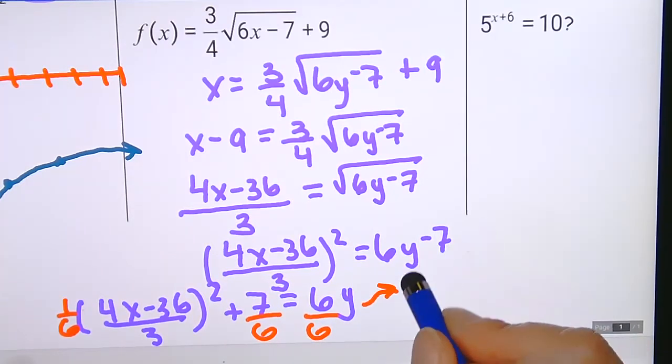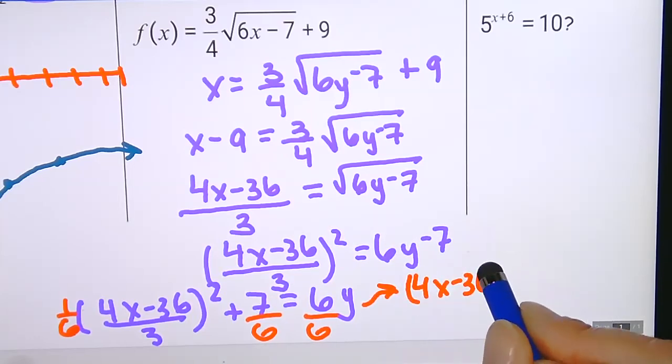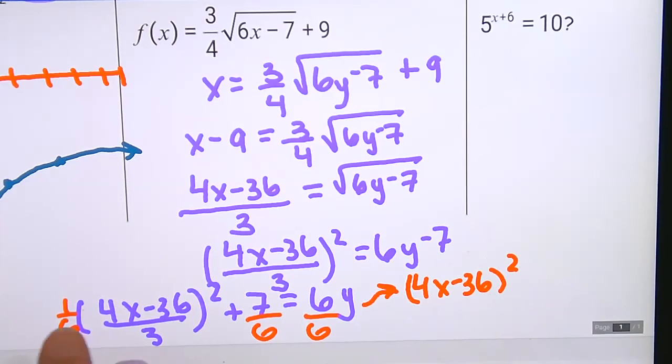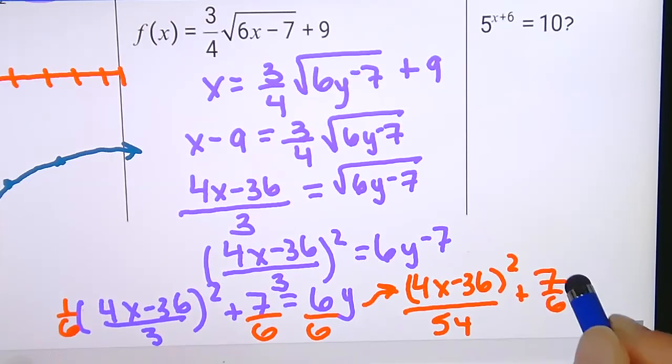So I end up with 4x minus 36, squared, and I'm just going to clean up this bottom. This 3 squared would be a 9, times 6 is going to be 54, plus 7 over 6 equals y.